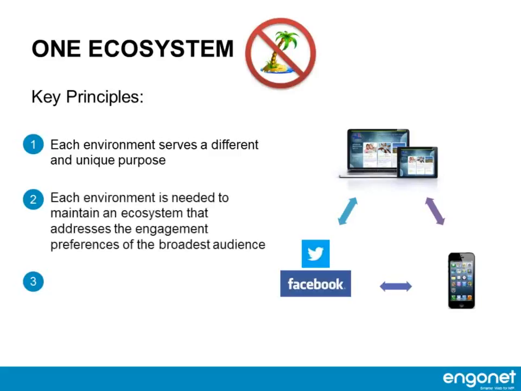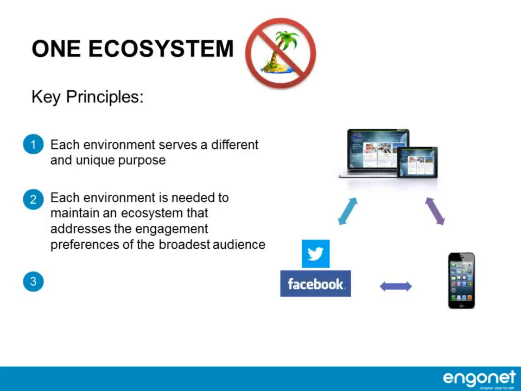Each environment is needed to maintain an ecosystem that addresses the engagement preference of the broadest audience. So if you think about your Gen X's, Gen Y's, they're going to be really comfortable across pretty much all 3 of these platforms, but in particular the social media outlets.